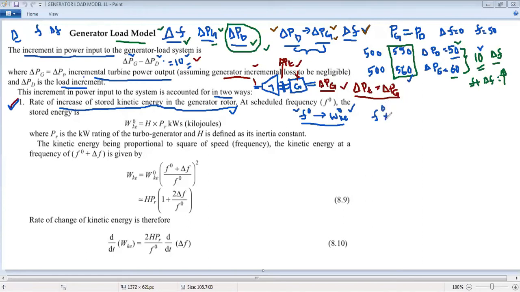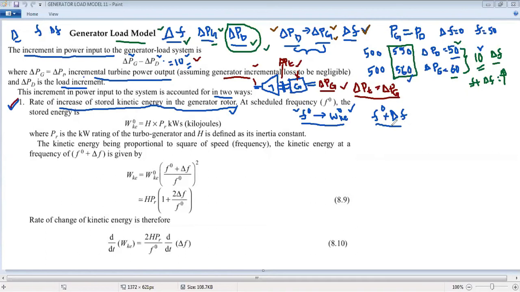It is given by F naught plus delta F. Why have I taken this plus instead of minus? Because here we have taken a load increment. Load increment means delta PD is positive. So that means delta PG is generated more than delta PD. That means the generation is greater than the load requirement. So the frequency will rise.